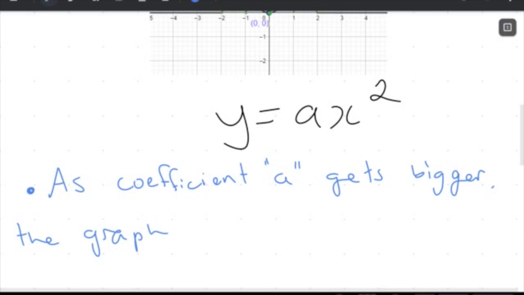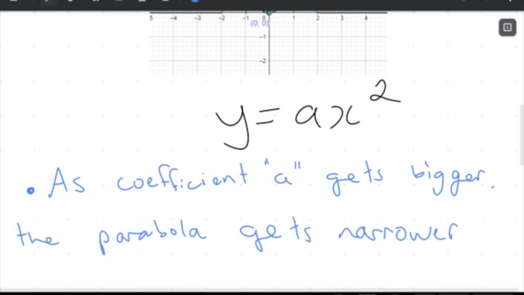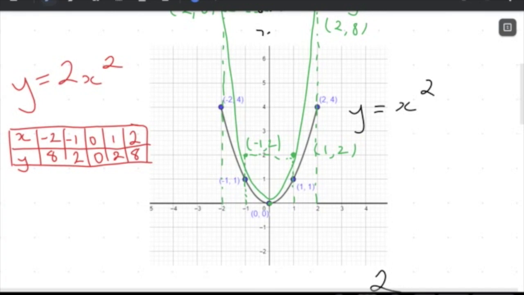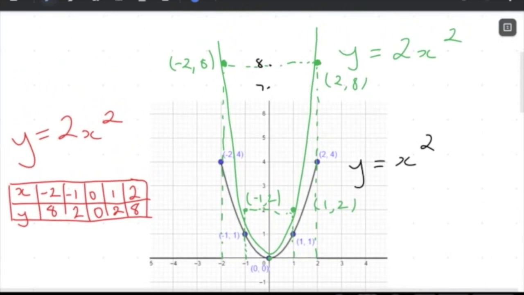I should say the parabola gets narrower. It's kind of getting stretched out here. That is what we mean by our dilations. They are transformations to our original parabola in a particular way.